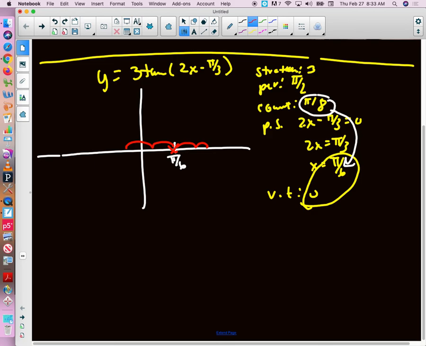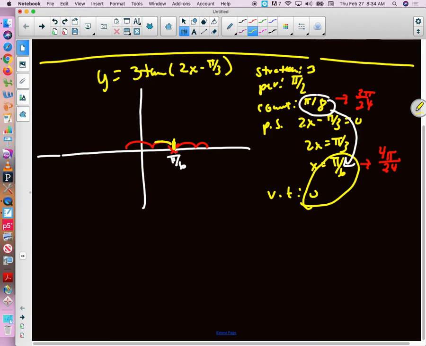Now I don't know how big they're going to be. We're going to look at our common denominators in a minute. But I've got to go 1, 2, asymptote, back to asymptote. Let's get our common denominator, which would be 24. So this is 4 pi over 24, and this one's 3 pi over 24. I've got it marked off to 4 pi over 24.